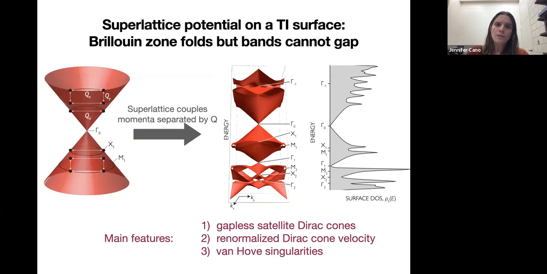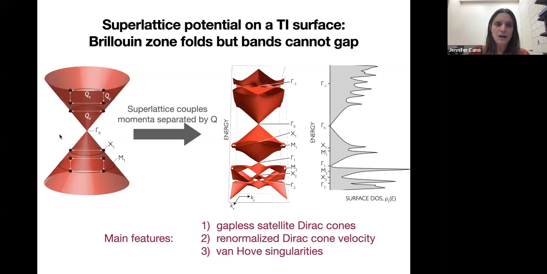What are the main features of this? Let me just try to give a little bit of intuition of what we would expect. This is our surface Dirac cone, and the superlattice potential will have some wave vector. The effect of the superlattice potential is to couple different K points on different sides of the Dirac cone that are separated by this wave vector, basically folding the Brillouin zone.